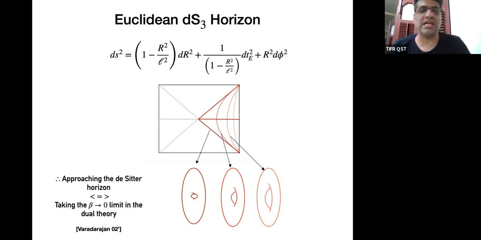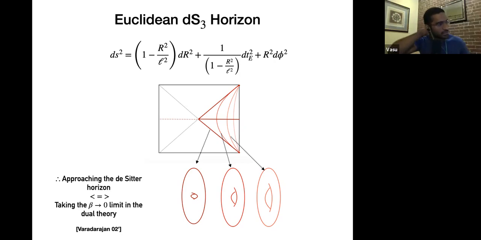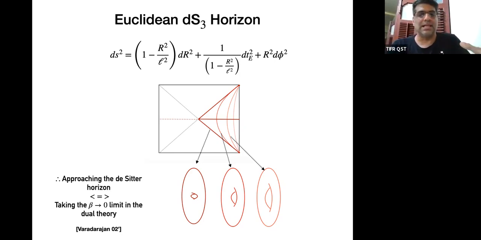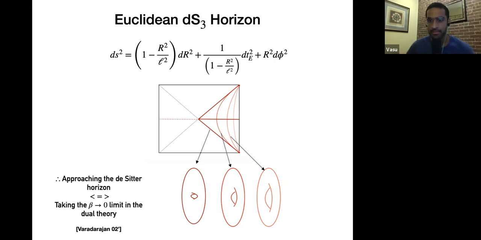So I could think of this line as coming as a light ray sent out by an observer from the North Pole at t equals minus infinity. So the red line itself would be a circle, actually. Yeah. So just an expanding light front. Exactly.